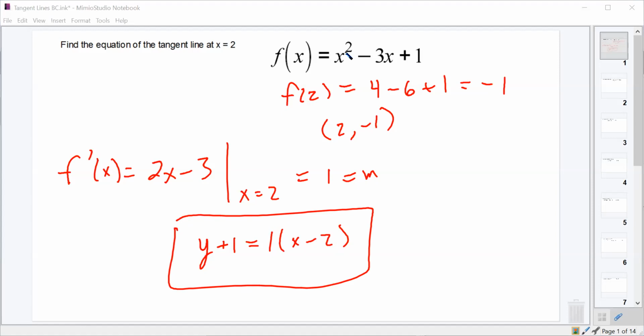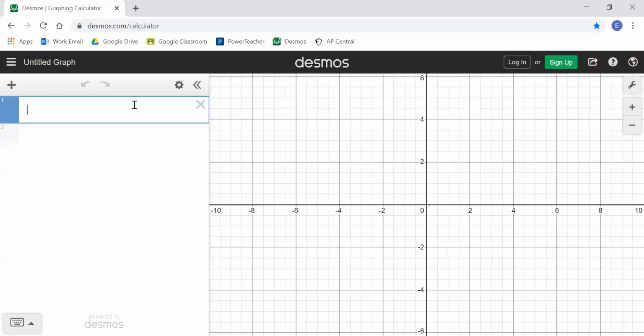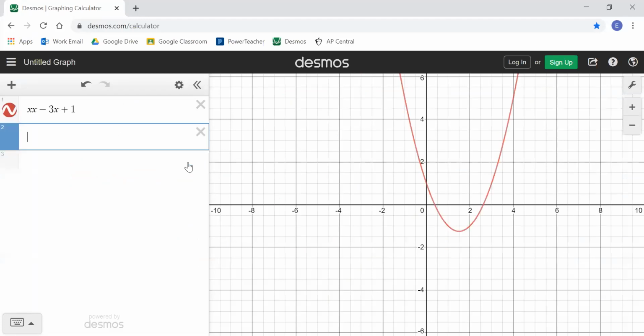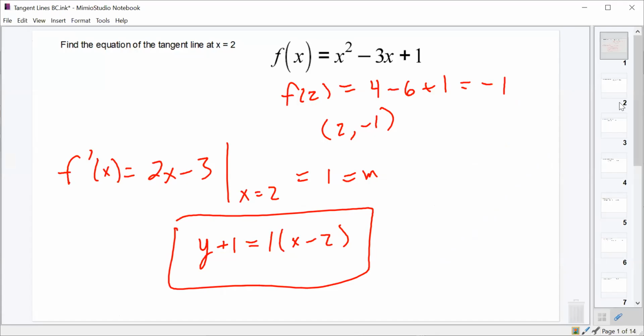Everybody remembers how to do that? Here's our graph, x squared minus 3x plus 1, and we got y plus 1 equals x minus 2. And there it is. There's our tangent line to our graph at that point. Everybody good? Easy enough? Okay. Should be. It will get more difficult.